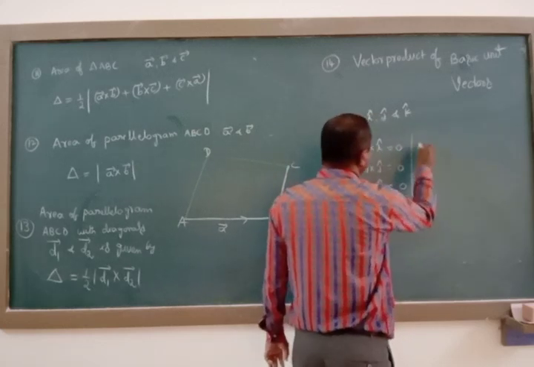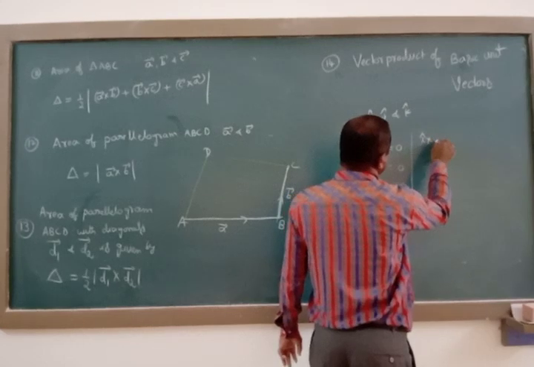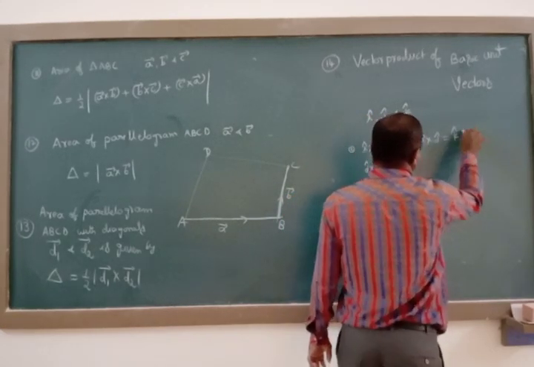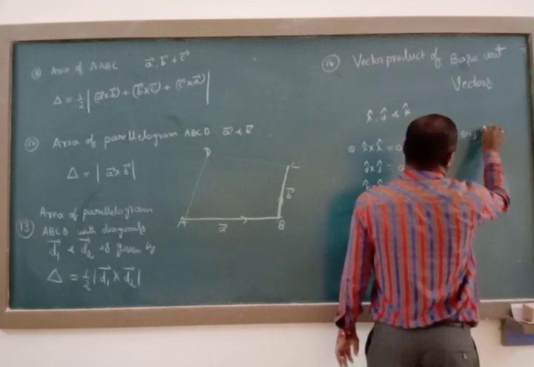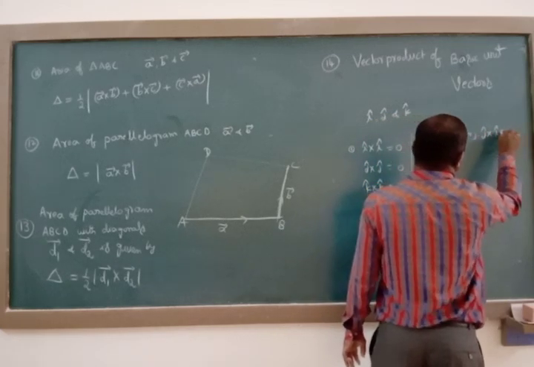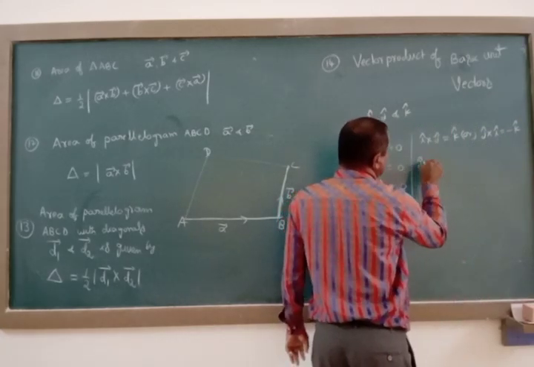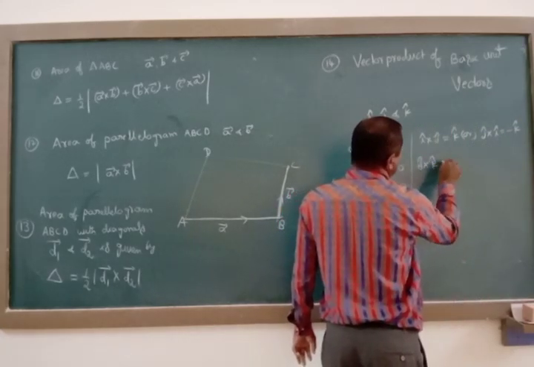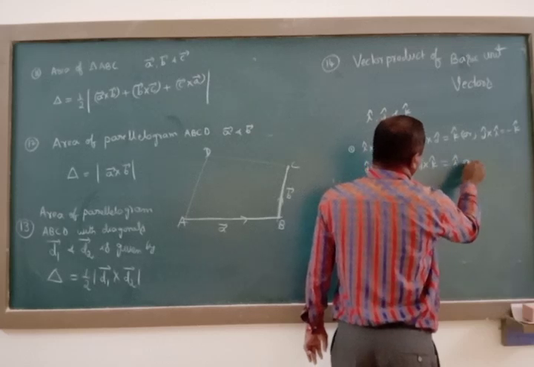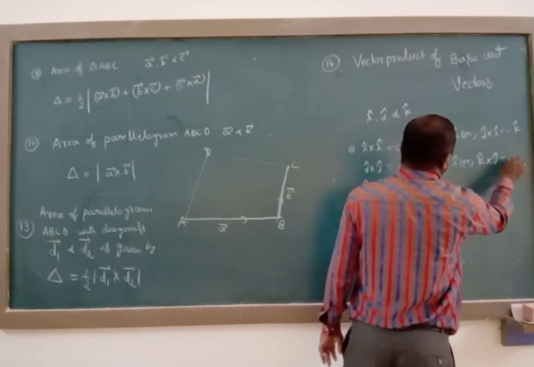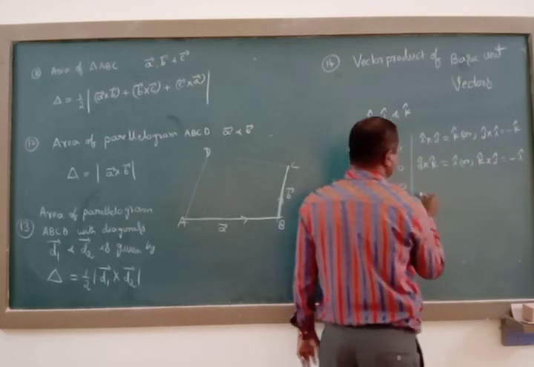But if they are different, i cap cross j cap is equal to k cap, or you can take it reversely, j cap cross i cap is equal to minus k cap. j cap cross k cap is equal to i cap, or k cap cross j cap is equal to minus i cap.